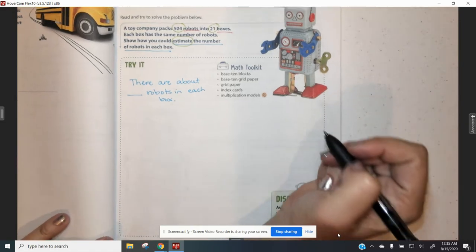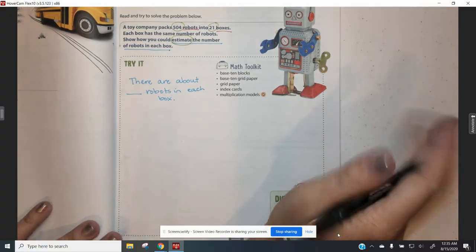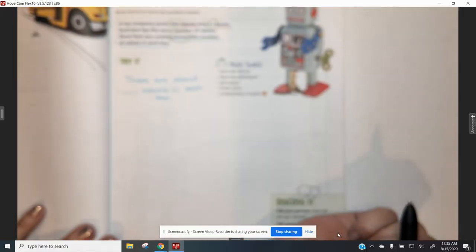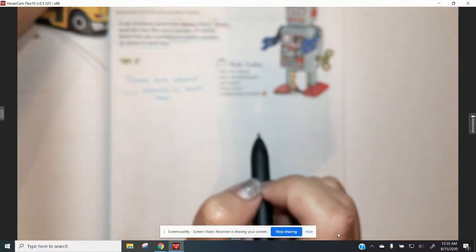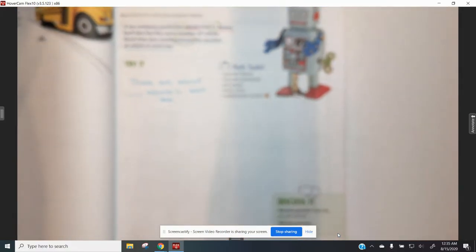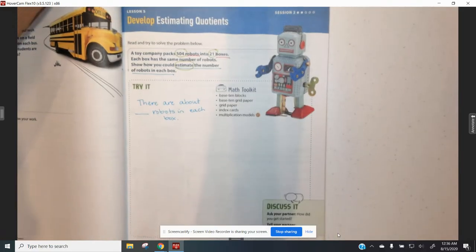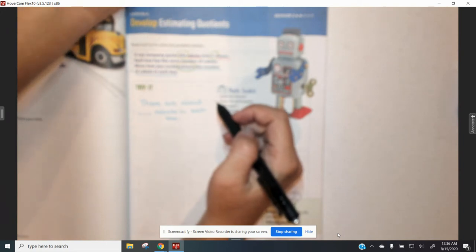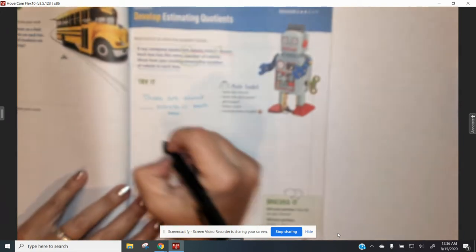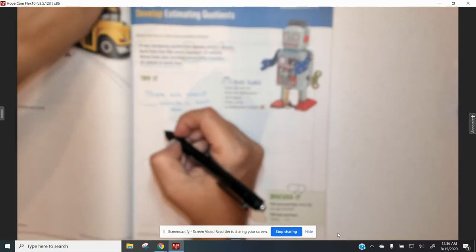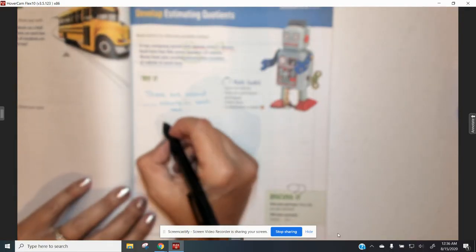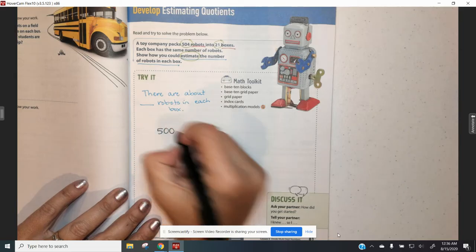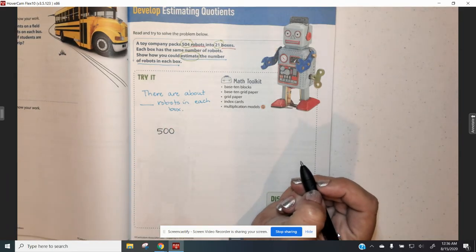Okay, if this were me, I would start out by taking my 504 and my 21 and finding my best estimate, a number that is close to both of those values. So I know that 504 is very close to 500. So I'm going to say that there are about 500 robots.